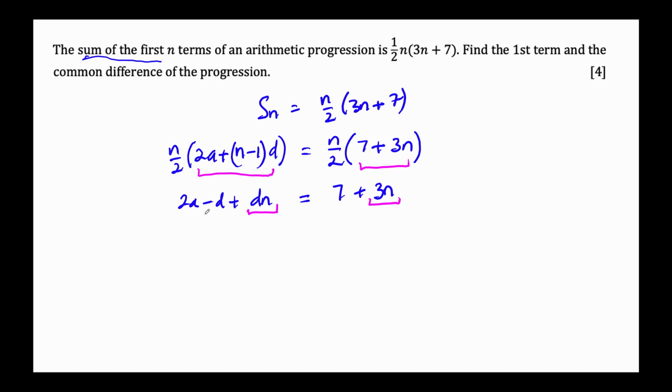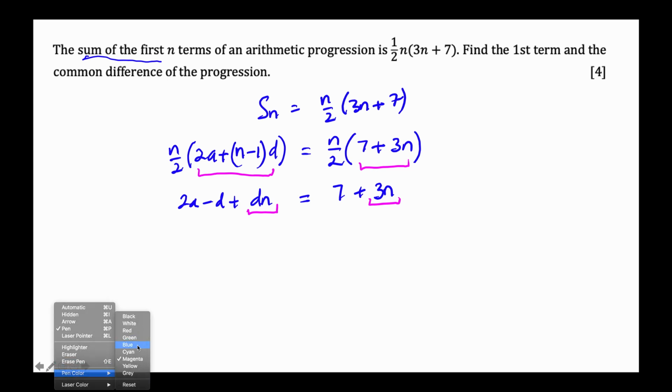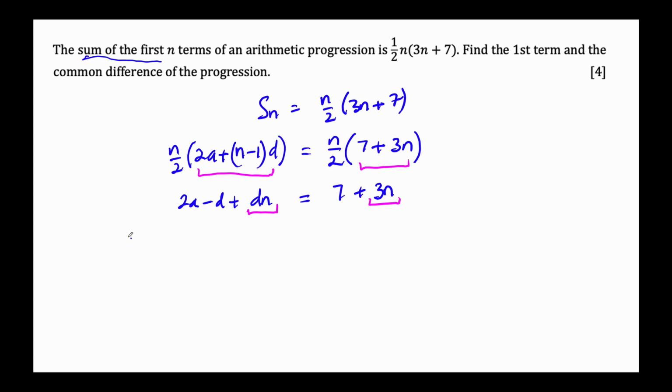Since dn equals 3n, this means d equals 3. Now since d equals 3, the other part, 2a minus d, equals 7. So 2a minus 3 equals 7, therefore a equals 5.